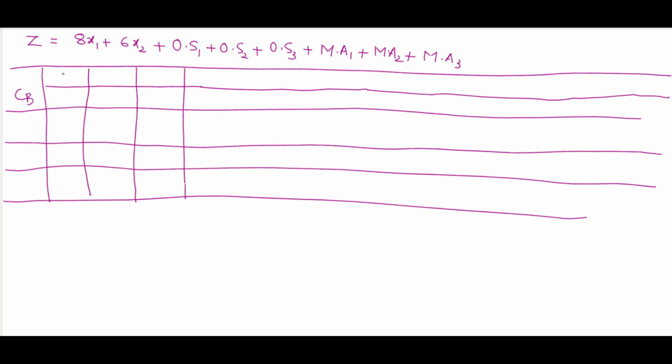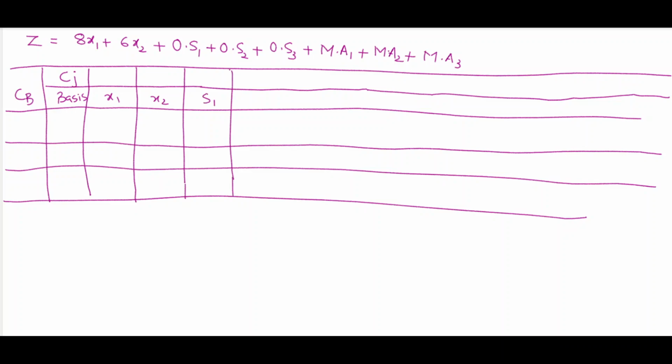Here it is contribution to objective function, that is your Cj, and here it is the basis. Here it is x1, x2, and here s1, s2, s3, s4. All columns we have to make.